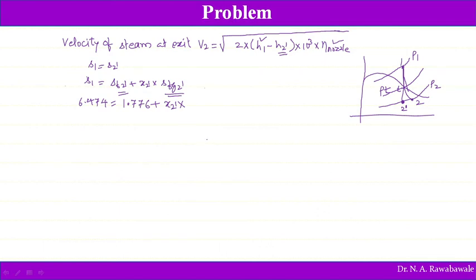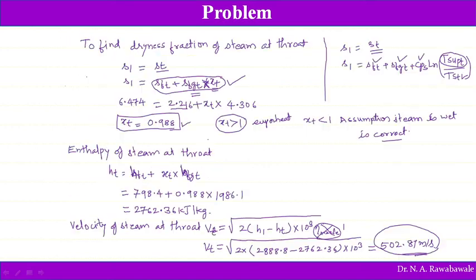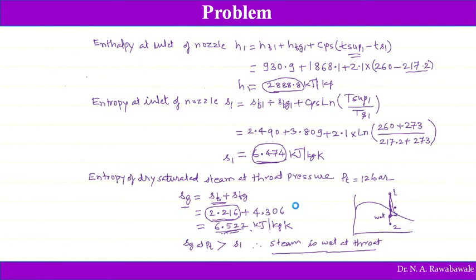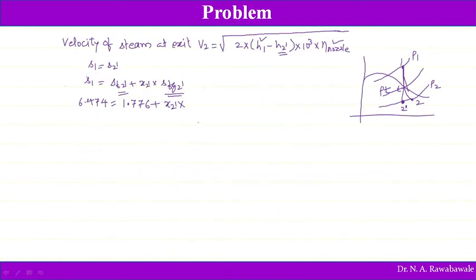SFG2 dash can be taken from the steam table as 5.118. So from this we get the dryness fraction at point 2 dash, X2 dash, as 0.917. So this is the dryness fraction at point 2 dash.